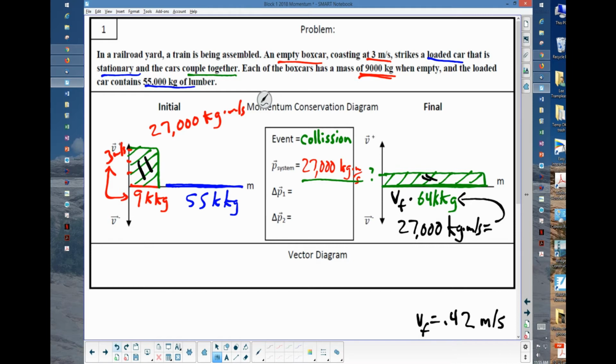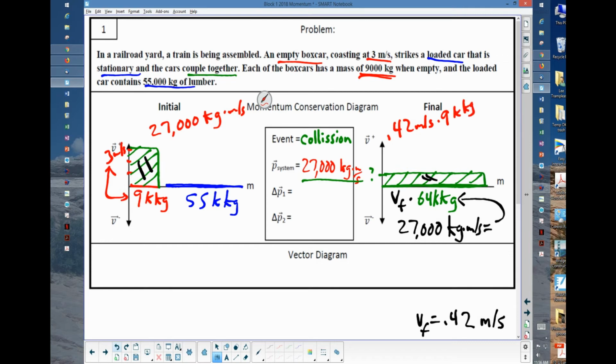So now the change in momentum of system 1. System 1 started with 27,000. How much did it end up with? Let's go, that's our red. So red is now going at 0.42 meters per second, and it's 9,000 kilograms.